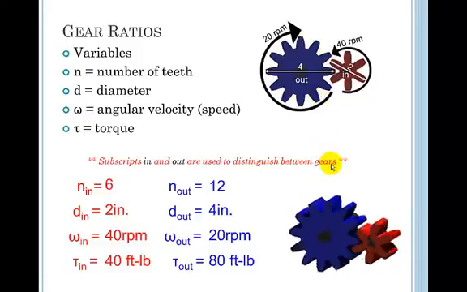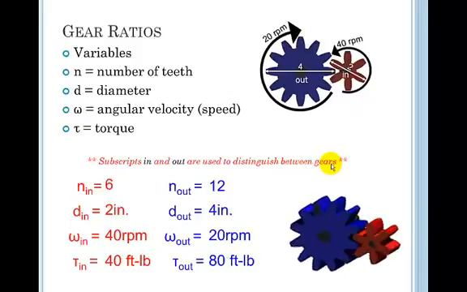The diameter is 2 inches for the input and 4 inches for the output. For the rotational velocity, for the input, it's 40 RPM. For the output, it is 20 RPM.